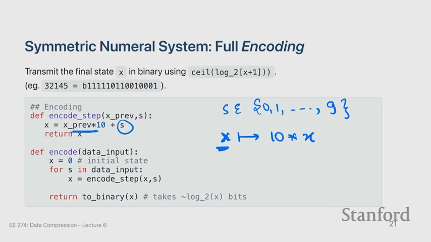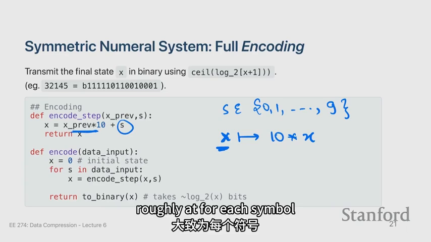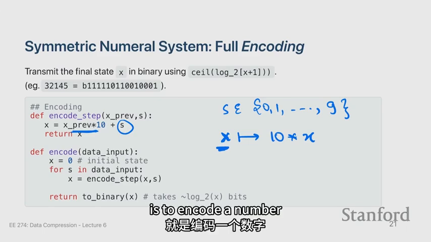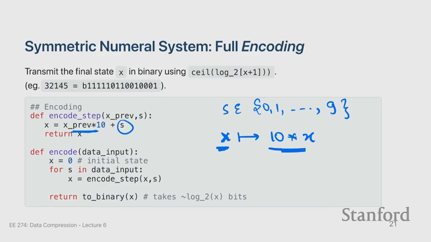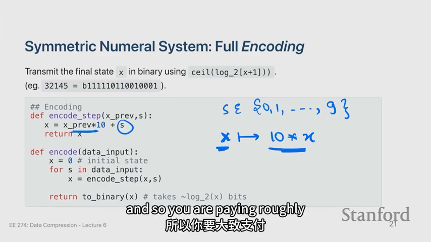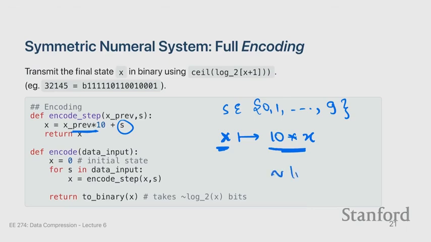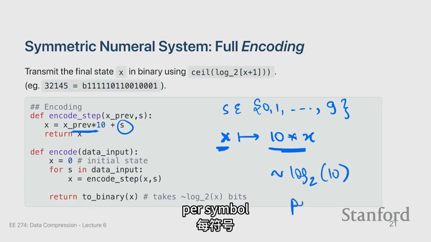Roughly, for each symbol, the price you are paying is to encode a number which is 10 times the previous number. And so you are paying roughly log2 of 10 extra bits per symbol.